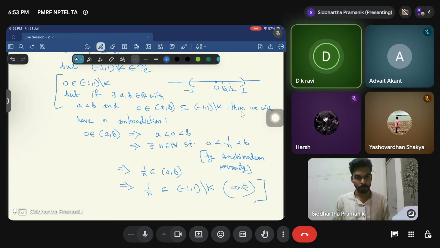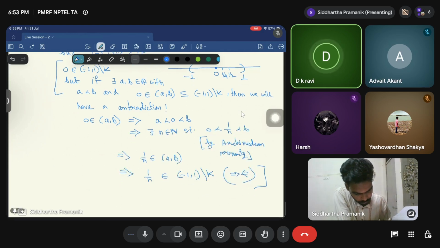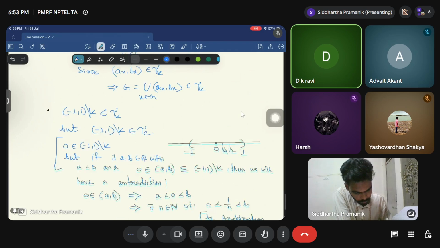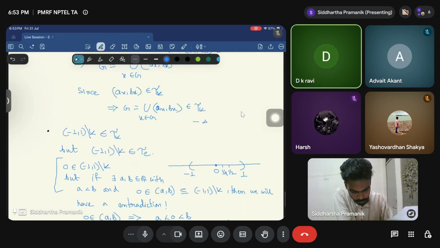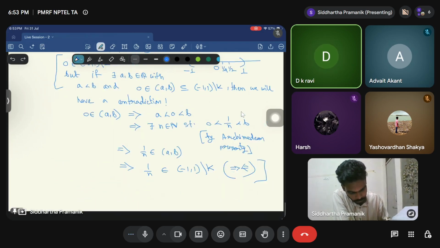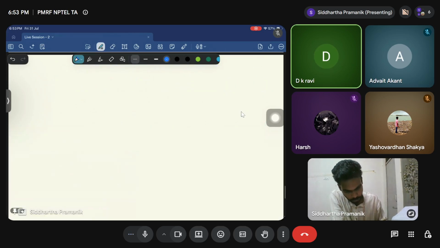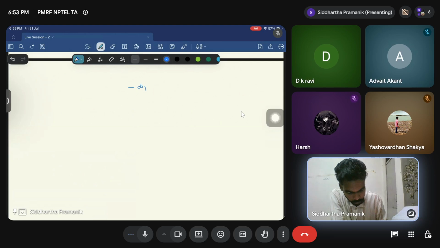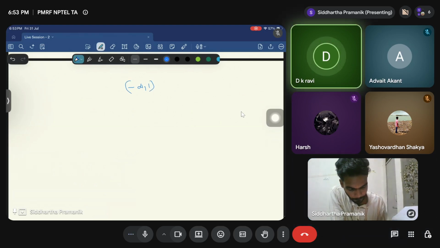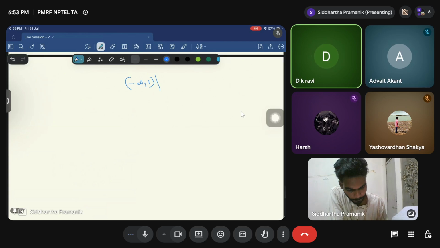Sir, why does the open interval (-2, 1) minus 1/k not belong to the K topology, like (-infinity, 1) minus 1/k? Okay, wait. You are saying minus infinity to 1, minus 1/k. Why does it not belong to the K topology?